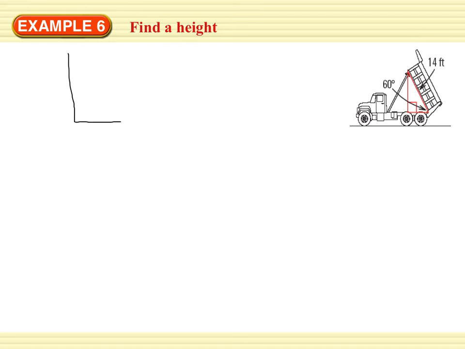Now we're at 60 degrees. The truck bed is still 14 feet long, and we're trying to find how tall it is. I'm going to draw my skeleton.